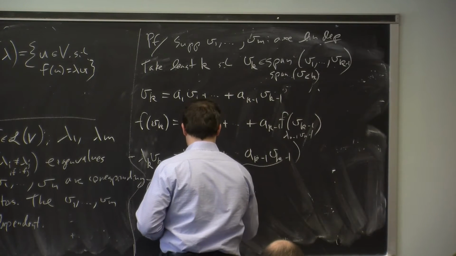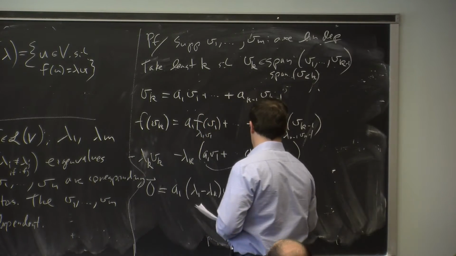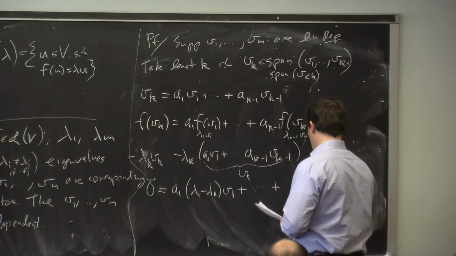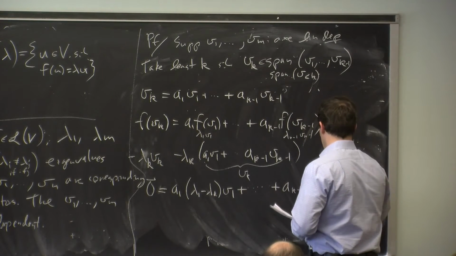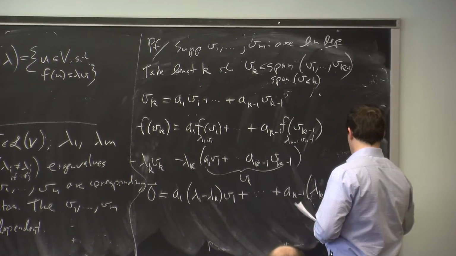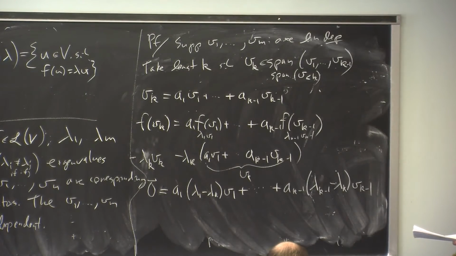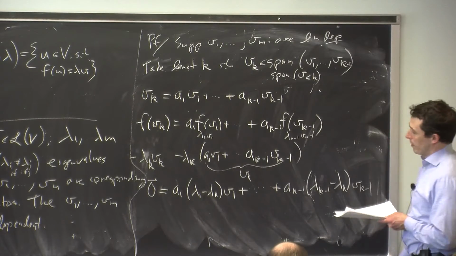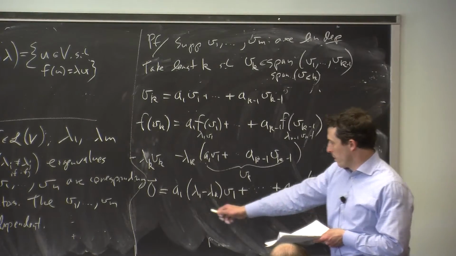So it's lambda 1 minus lambda k applied to v1 plus all the things in between up to a k minus 1 times lambda k minus 1 minus lambda k, vk minus 1. Great. So now we've got our other trick for thinking about linear dependence and independence, which is we've written a linear combination which is equal to 0.